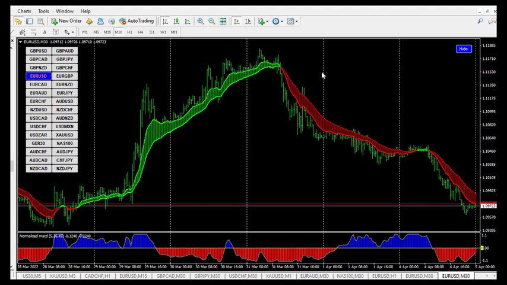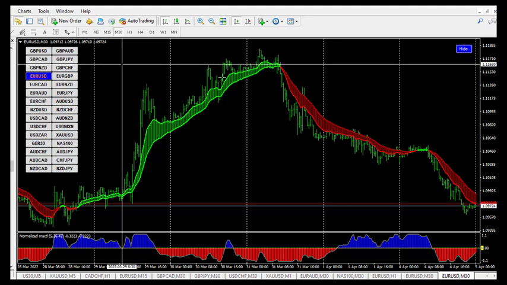Now this is Euro USD on 30 minutes, as you can see. If you watch this closely without anybody telling you how to use this, you will understand it, because it is actually simple. Once this turns red and this normalized MACD is red, you enter your trade. This is for sell at this point.